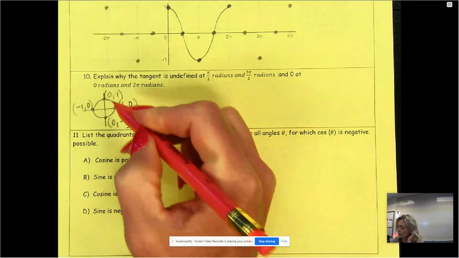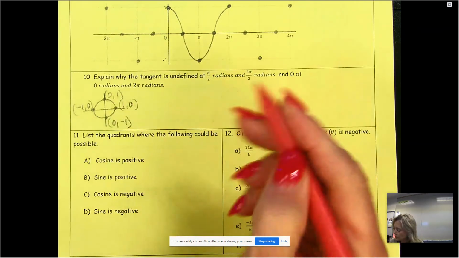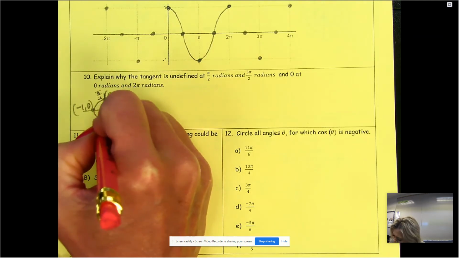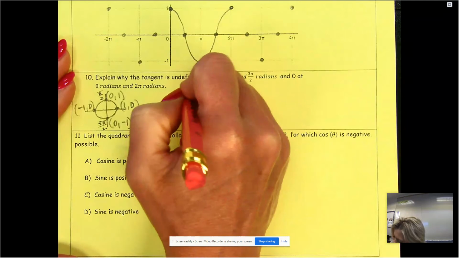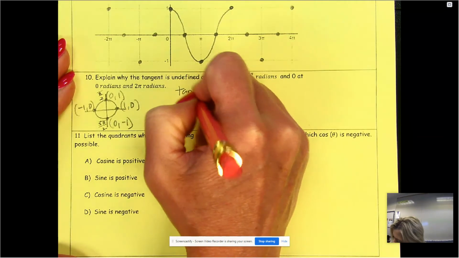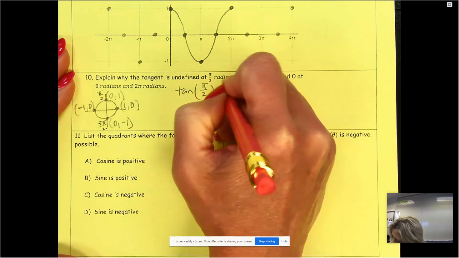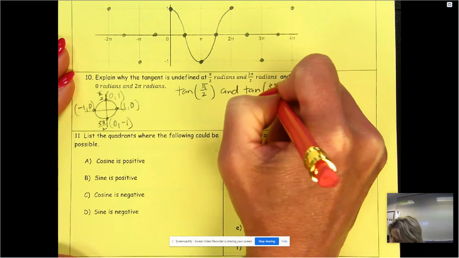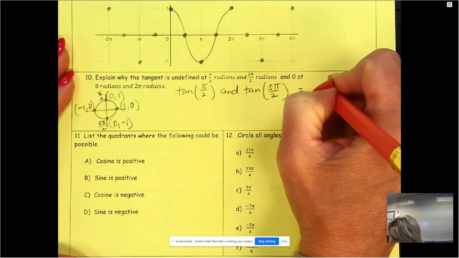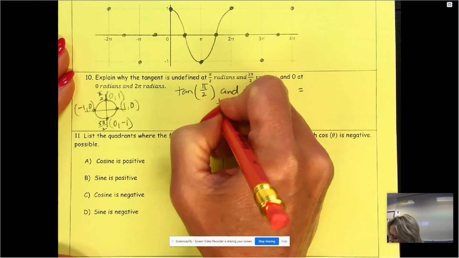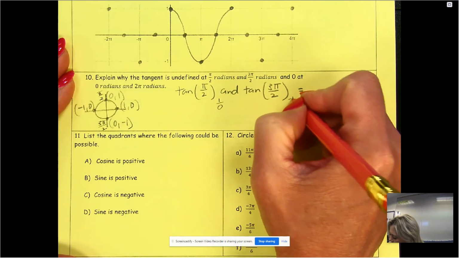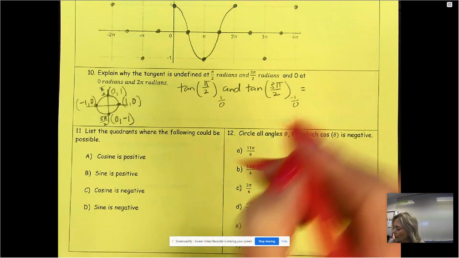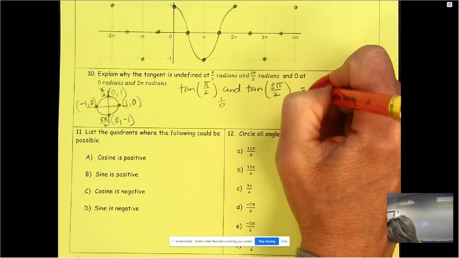Okay, so when we find the tangent of these two, this is pi over 2, and this is 3 pi over 2. So the tangent of pi over 2 and the tangent of 3 pi over 2, both are equal to, well, this one's 1 divided by 0, and then this is -1 divided by 0. But both of these divide by 0, so both of those are undefined because you cannot divide by 0.